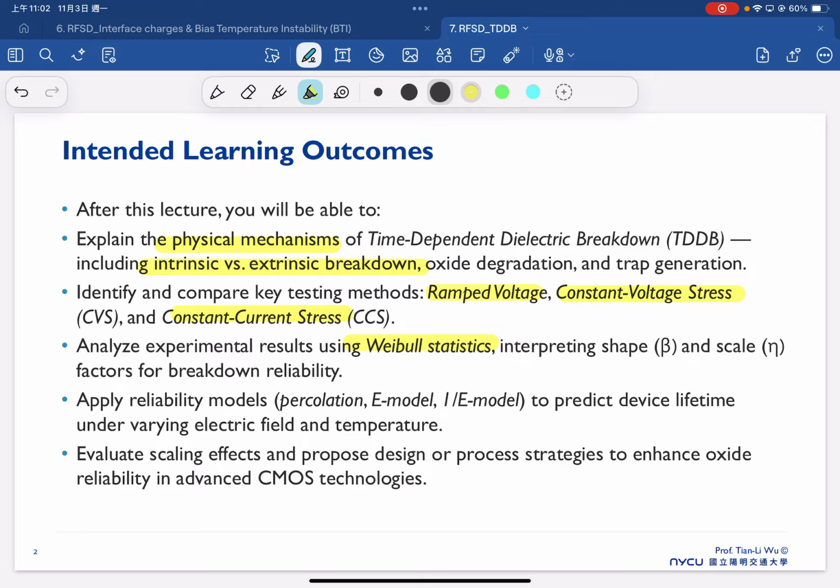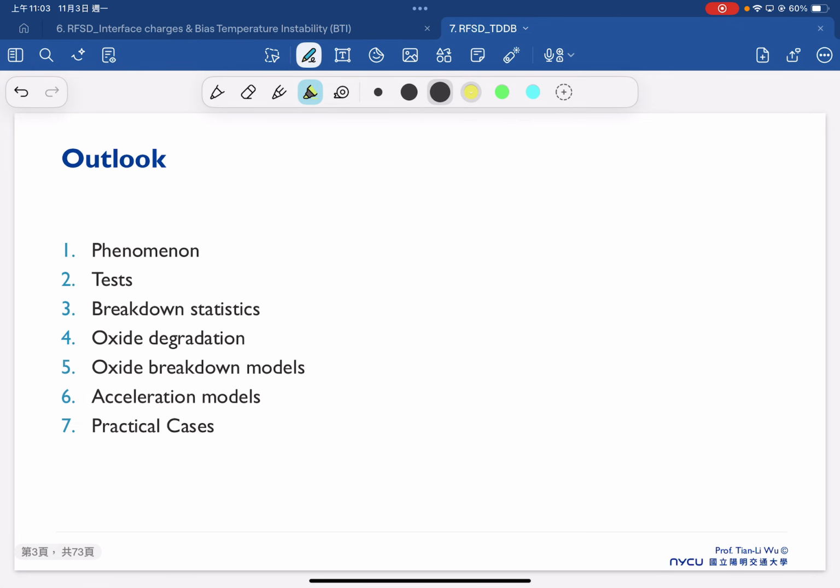And also the different reliability models, the power-law, E model, and 1/E model here. That's very important, and also to understand the scaling issues. Why do we have a scaling issue? One of the main reasons comes from TDDB reliability. So here is the outline.